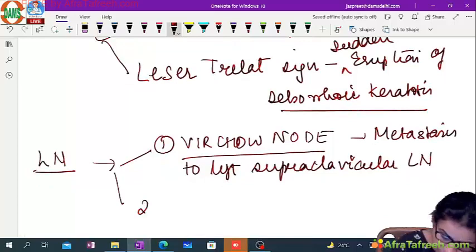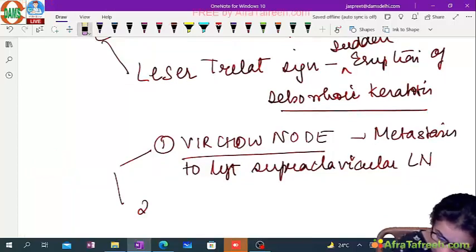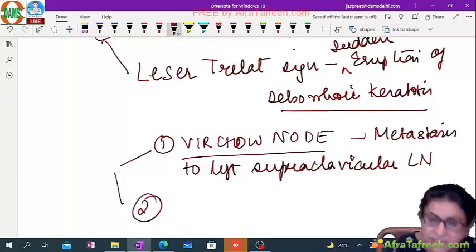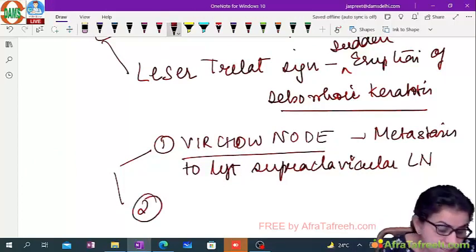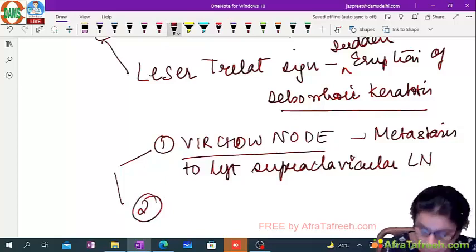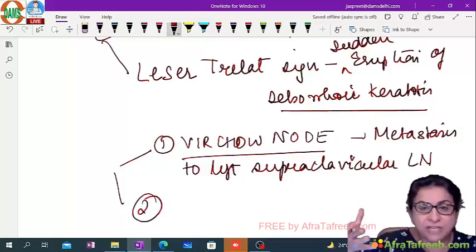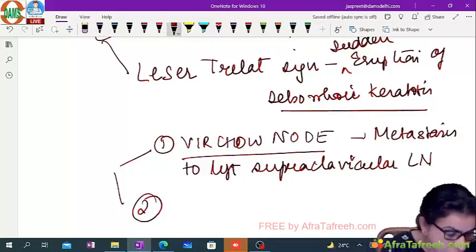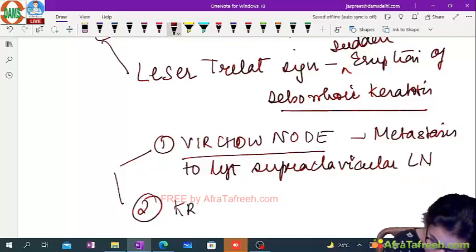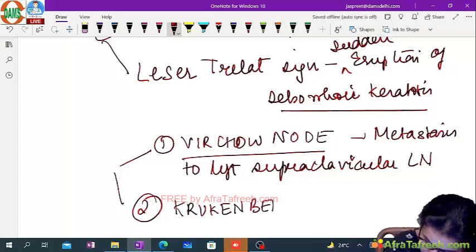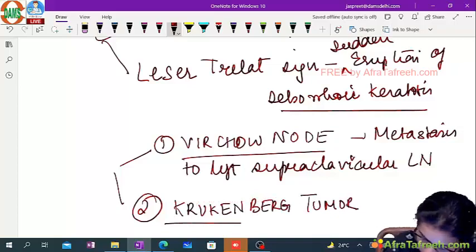Second, in females with gastric cancer, metastasis can be produced in bilateral ovaries. This is called Krukenberg tumor, K-R-U-K-E-N-B-E-R-G. What is Krukenberg tumor?